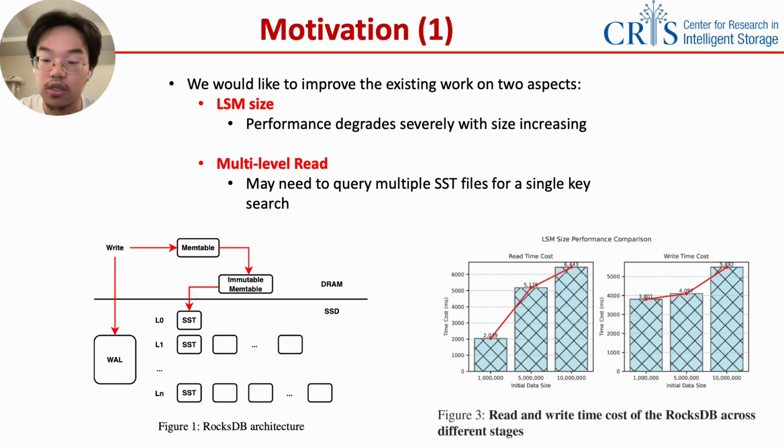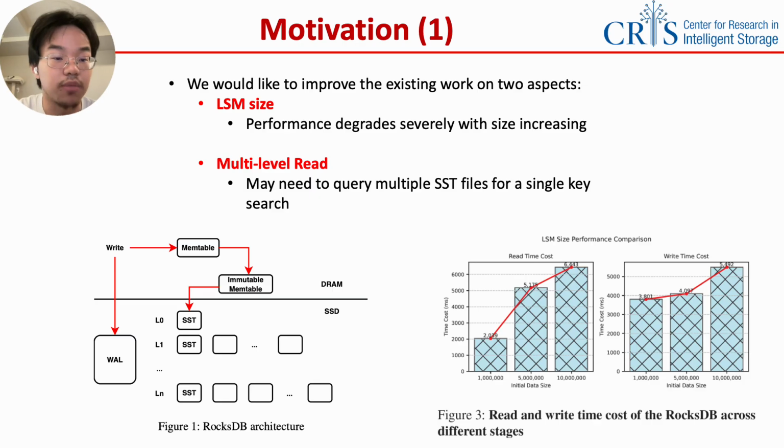So during our analysis of the LSM tree, specifically RocksDB, we found out there exist two aspects in which we could get better performance. One is the LSM size, because based on our analysis, we found the performance decreases severely as the size increases.